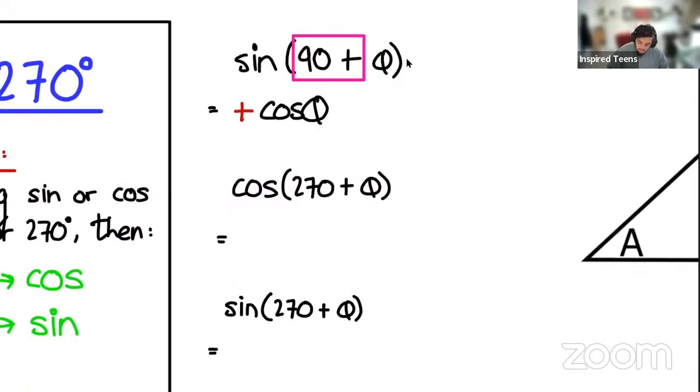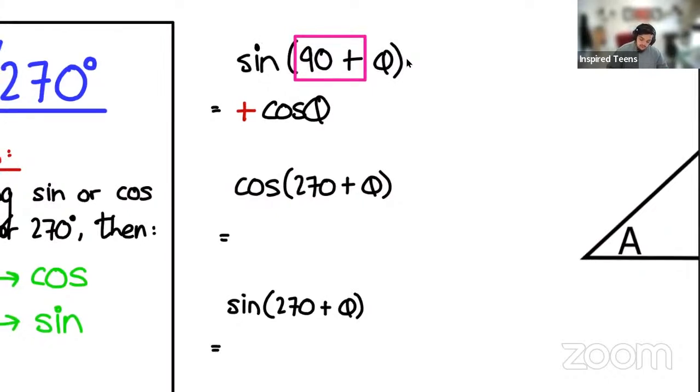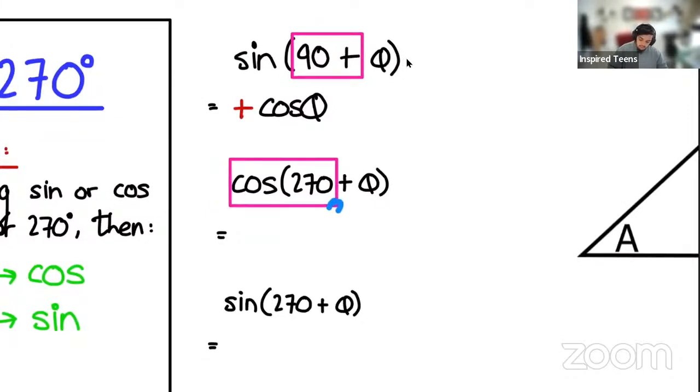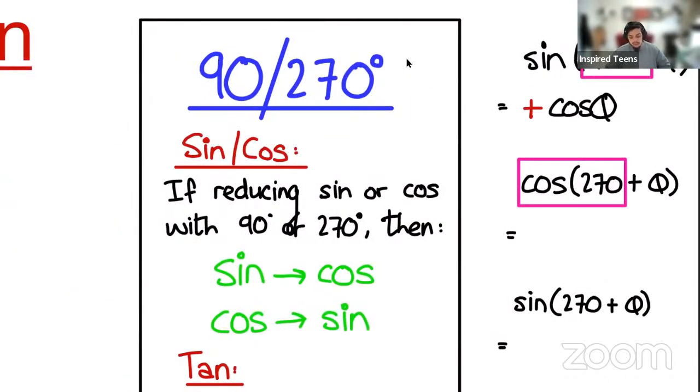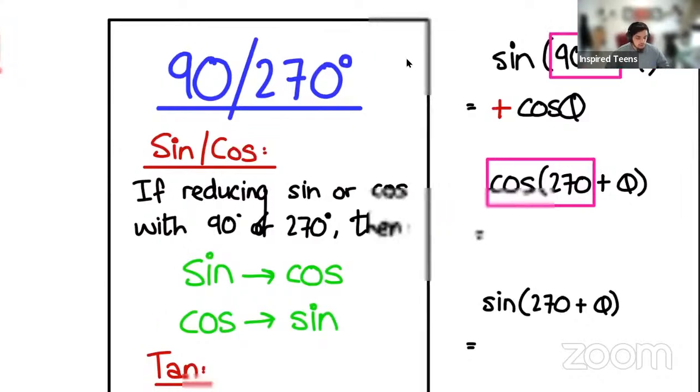We have cos of 270 plus theta. Again, the first thing we should notice is that we're working with cos and 270. Since we're working with cos and 270, we need to remember the ruling. If reducing sine or cos with 90 or 270, then change sine to cos or cos to sine.